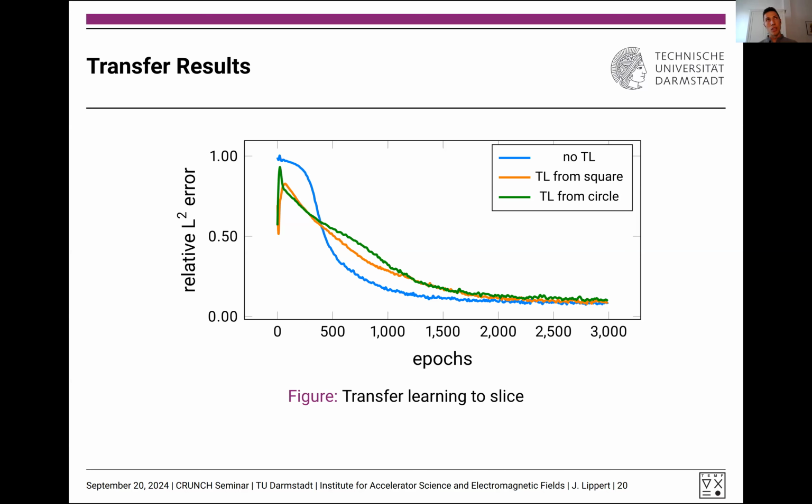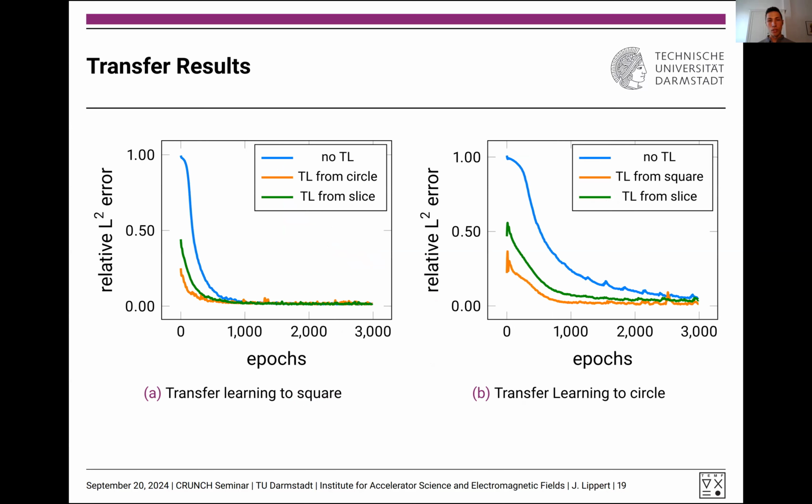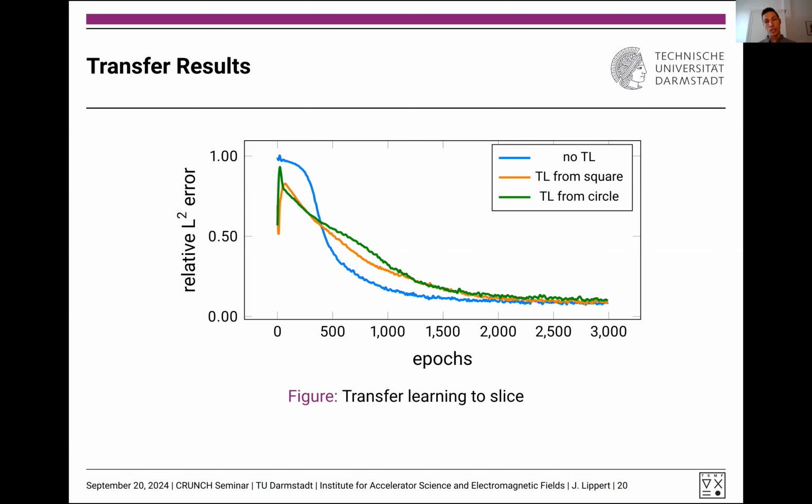However, why is it then faster to go from one to the other and not the other way around? You could say it's due to the singularity. Oh, I see. But transfer learning from square and from circle is about the same, right? Yeah. So in either case, you don't have a singularity. It's a smooth solution.